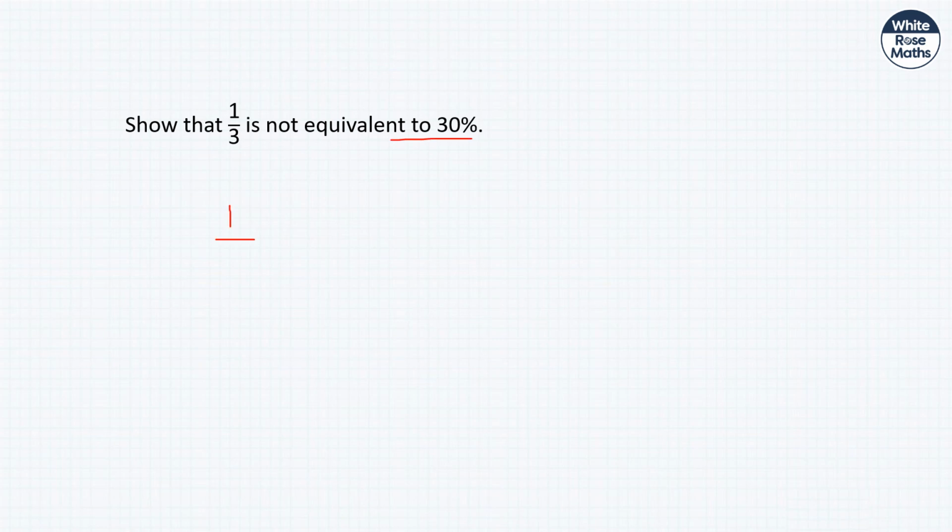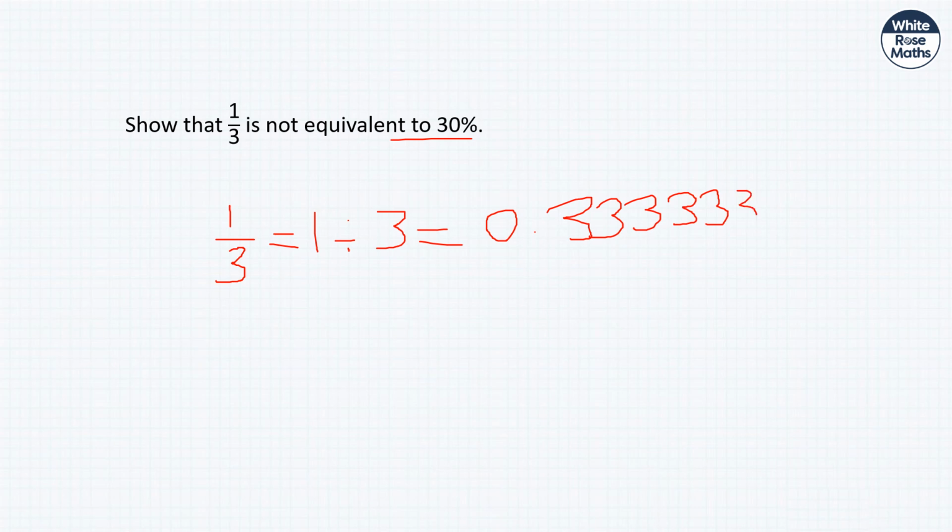Well, 1/3 as a decimal is 1 divided by 3, which is actually equal to 0.33333333, so on and so forth. So it goes on forever. It's what I call a recurring decimal.